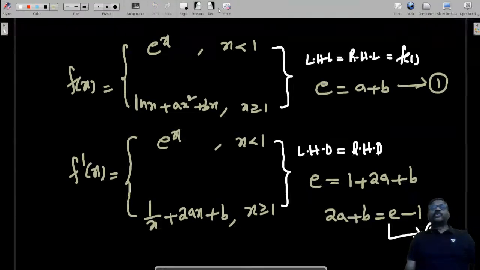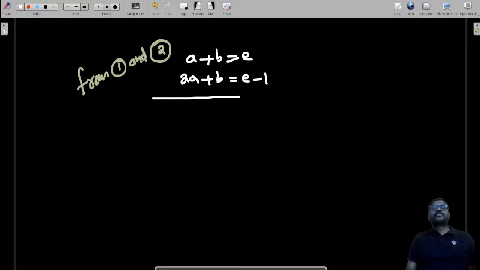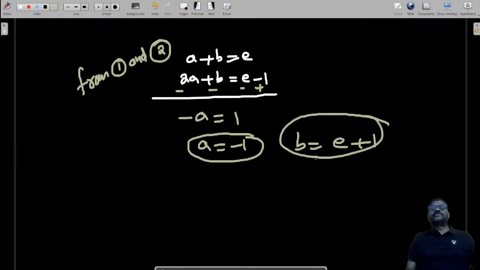From 1 and 2, a plus b is e, 2a plus b is e minus 1. Subtracting, a minus 2a is minus a, e cancels 1. So a equal to minus 1, b equal to e plus 1.